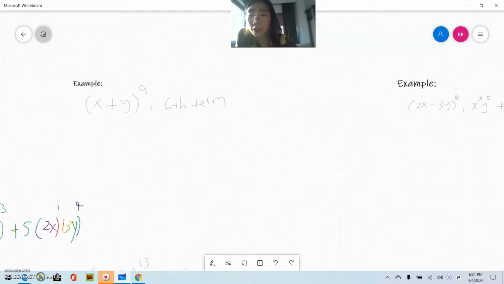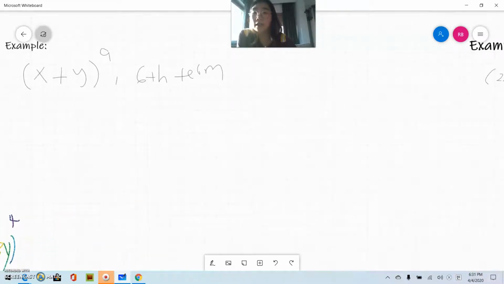And there will be questions like these. Instead of asking you to expand the whole thing, they just want you to answer the coefficient of a certain term that they are asking for.